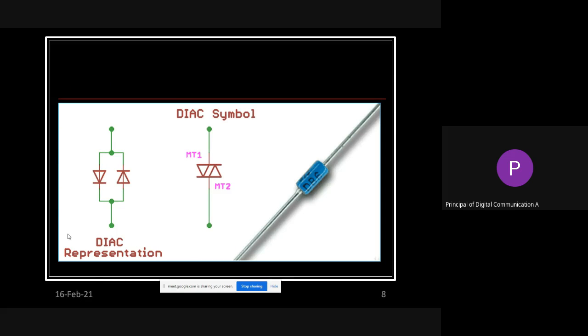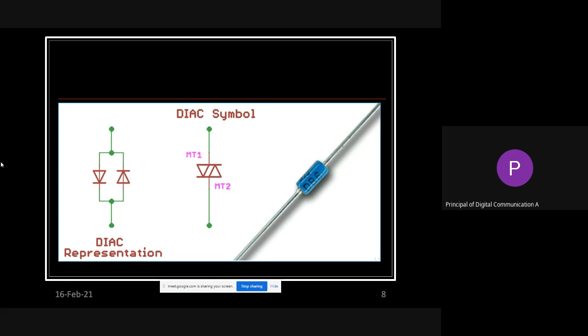So this is the symbol for diac, and if you observe, diac consists of two normal diodes which are connected back to back.